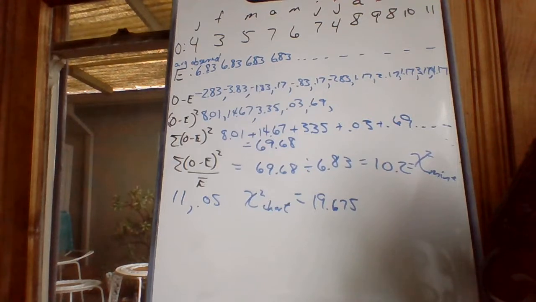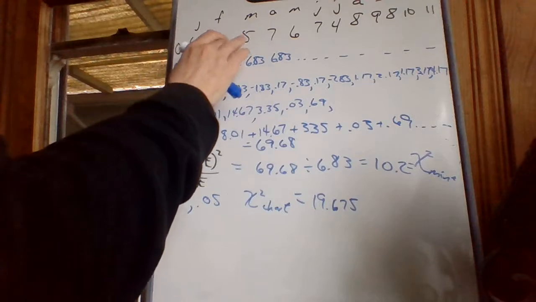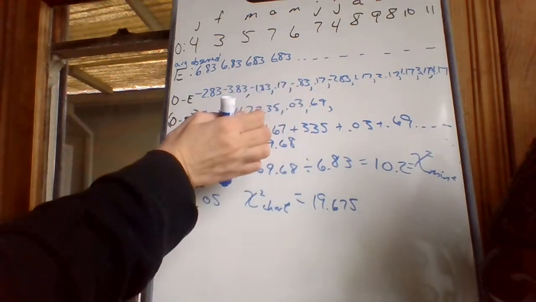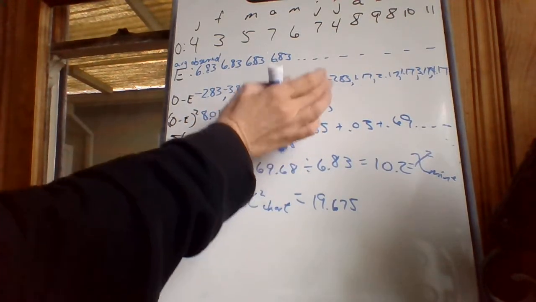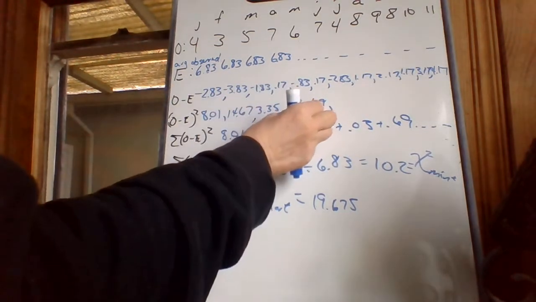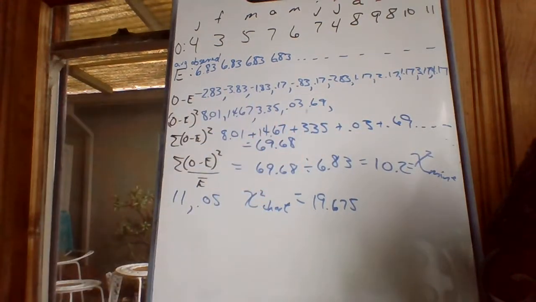Okay, what does this even mean? This is a measure of how wildly these numbers are from the center. If all these numbers across here were like 6, 7, 6, 6, 7, 7, 7, 7, 7, then all the little numbers down here would be like the 0.17s and the 0.83s, and the little numbers I would add together would be 0.03 and 0.69. I'd be adding a bunch of tiny little numbers, and there's no way I get to like 69.